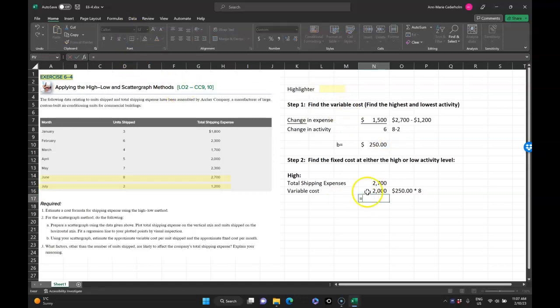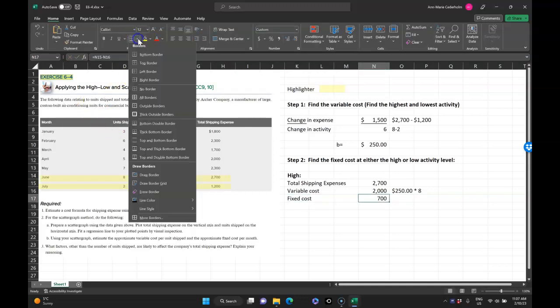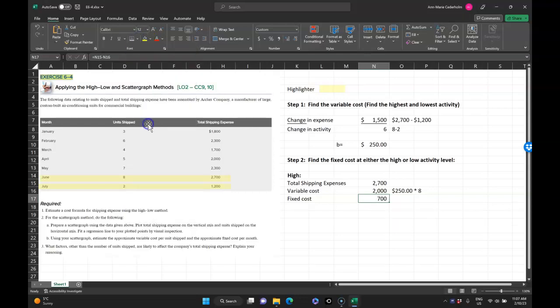And if I subtract the variable cost from the mixed cost, then the difference is fixed. And just remember, a mixed cost only has 2 components, a fixed portion and a variable portion. So whatever isn't variable, it has to be fixed. Whatever isn't fixed, it has to be variable. There's no other way that we're classifying the costs.